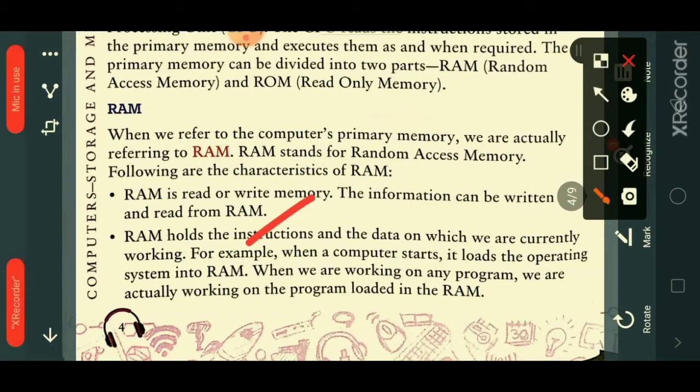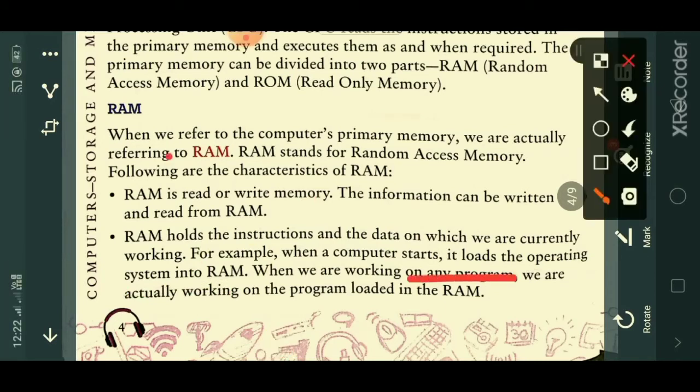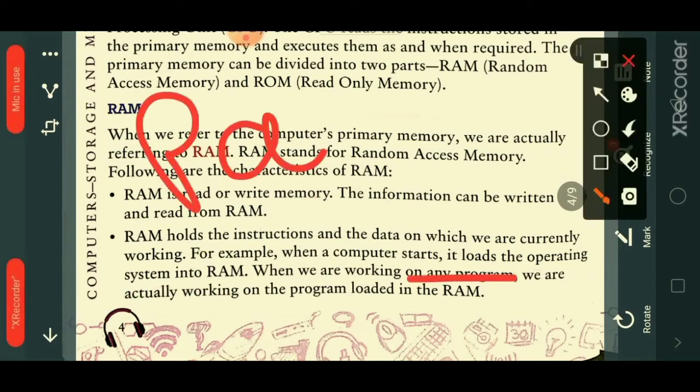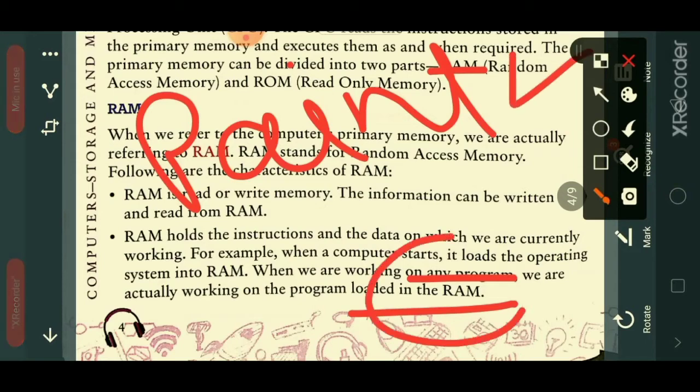Once you switch on your computer, at that time, it loads your operating system into the RAM memory to work. When we are working on any program, for example, if you are working on paint application for drawing purpose, we are actually working on the program loaded in the RAM. So that is nothing but we are working on the program paint which is loaded in the RAM memory.